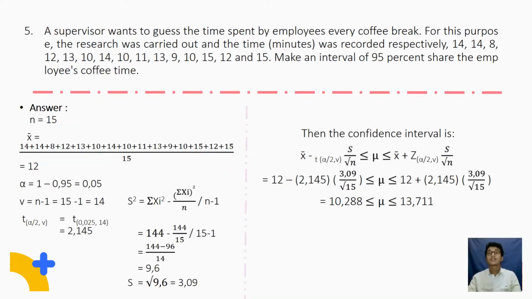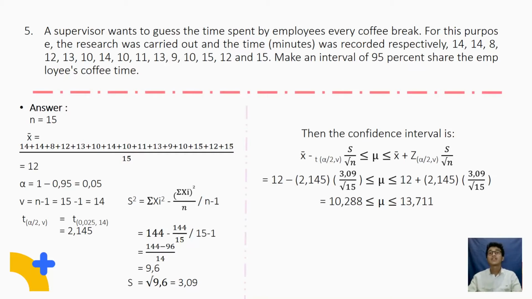Number 5. The answer is N equal to 15, X bar equal to 12, alpha equal to 0.05, V equal to 14, S squared is equal to 9.6, S is square root 9.6 equal to 3.09.